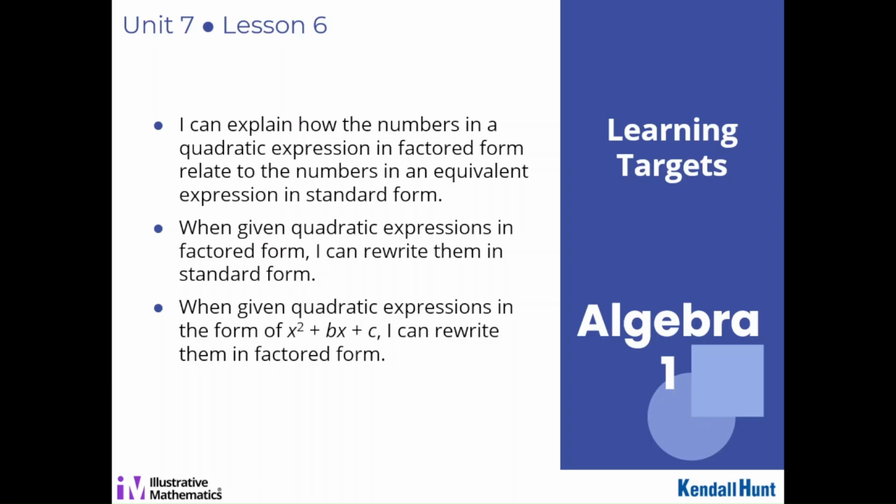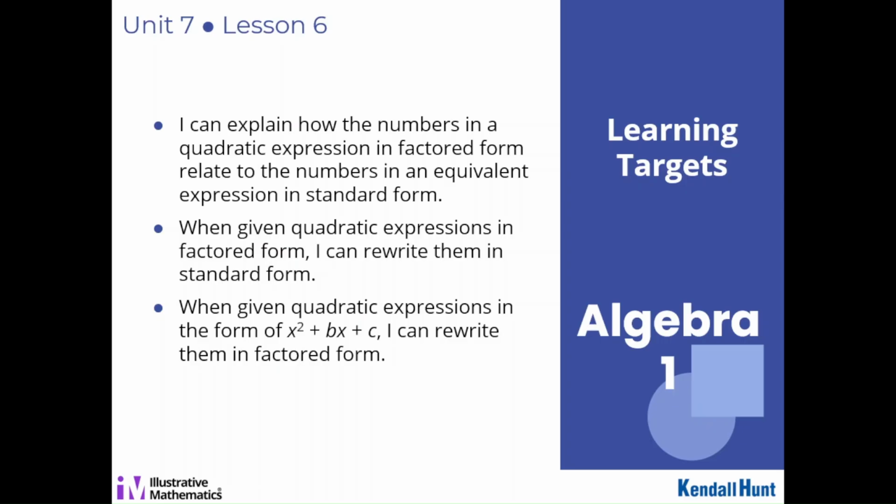So what they're hoping you understand here is that by multiplying the x terms together, it will create your ax squared term in standard form. By multiplying one x term with one constant term, it will create your bx terms, which you can combine together. And by multiplying your constant terms together, it will create your c term in standard form.